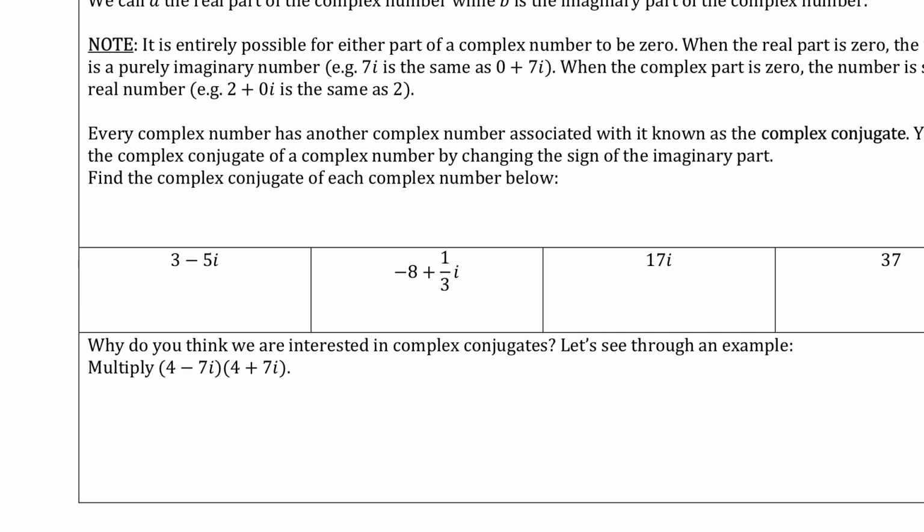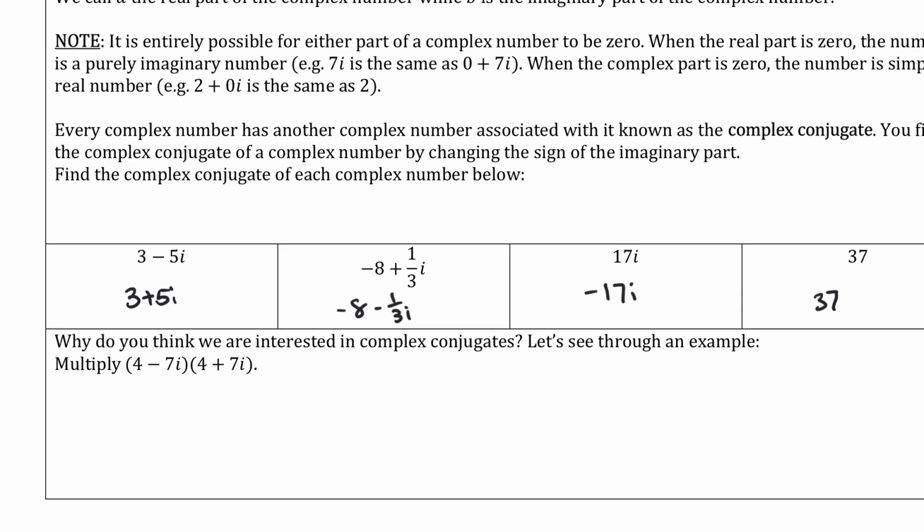When you look at complex numbers, they all have complex conjugates, some that matter and some that don't. For example, 3 minus 5i, the complex conjugate is 3 plus 5i. For the second one, you have negative 8 minus 1/3 i, or you could have negative 17i, or 37 is just 37. 37 doesn't have an imaginary part, so you can't change its sign.